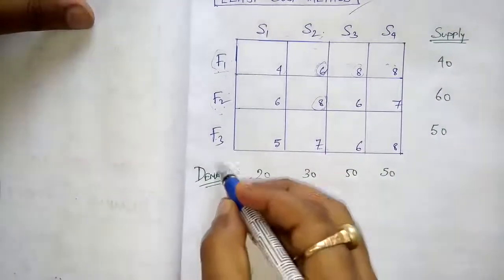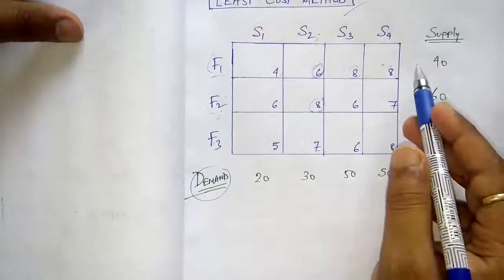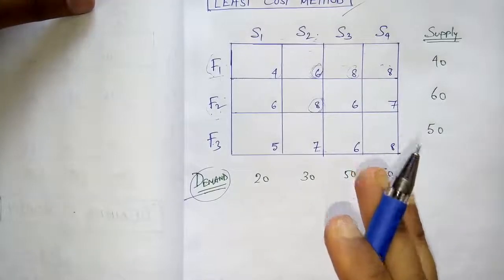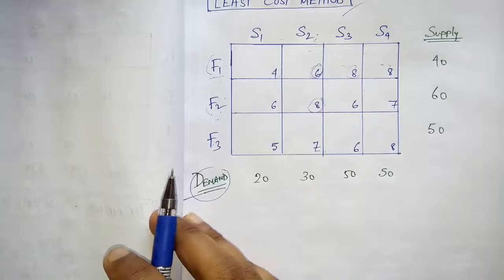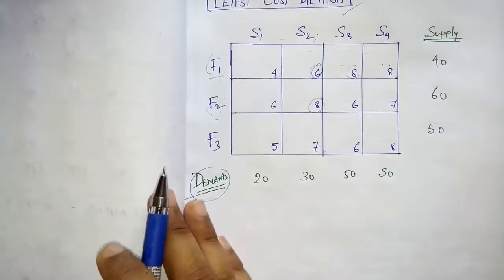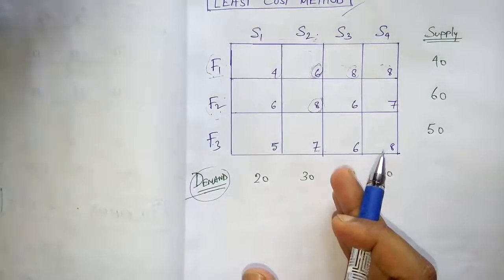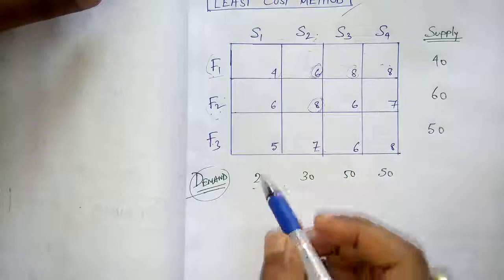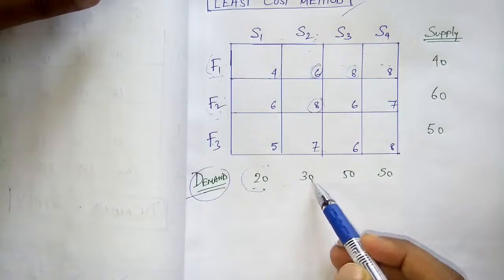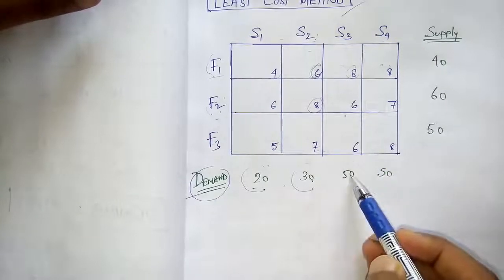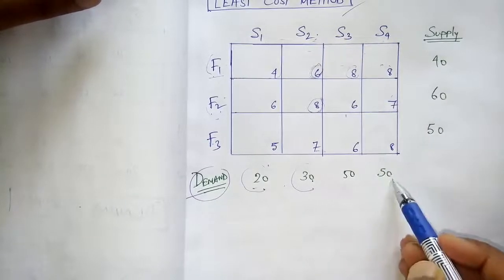Now let me talk about this demand and supply. Let's first check whether it is a balanced transportation problem or not. What is the meaning of a balanced transportation problem? Demand will be exactly equal to supply. What is the total demand? The demand of store 1 is 20. Store 2, 30. Store 3, 50. Store 4, 50.